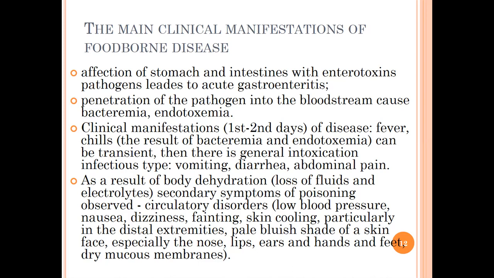Blood circulatory disorders can be observed, decreased blood pressure, dizziness, fainting, cold skin, cyanotic skin, especially in the distal part of extremities, a pale bluish shade of skin of the face, especially of nose and lips and ears and hands, feet, and dry mucous membranes.